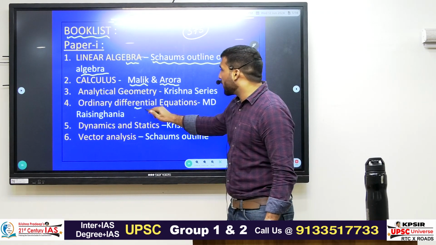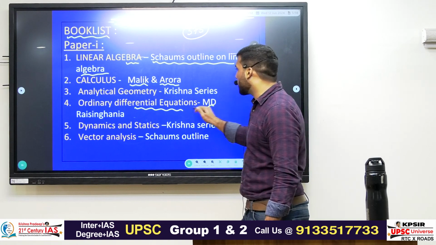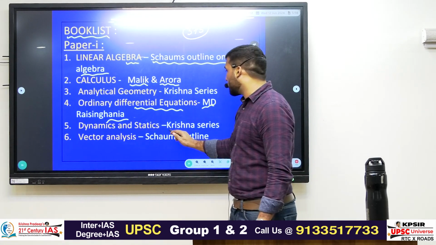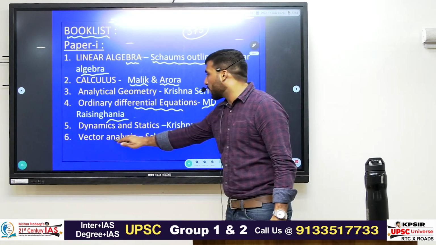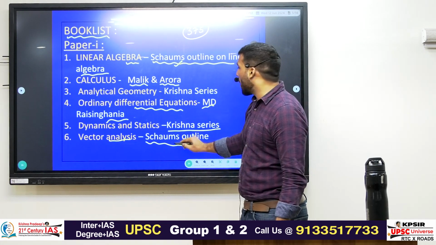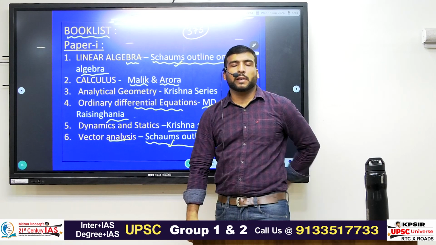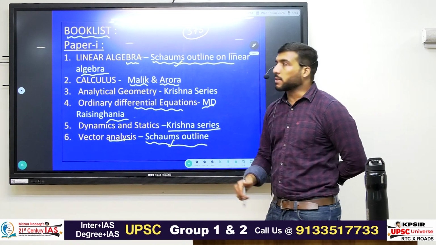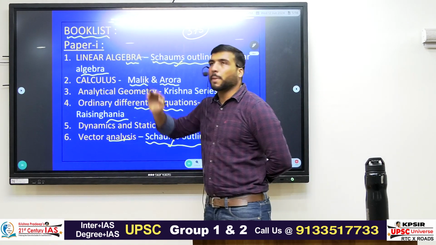Next, for ordinary differential equations, the M.D. Raisinghania book; for dynamics and statics, Krishna series; and for vector analysis, Schaum's outline. For modern algebra, linear algebra and vector analysis. This is related to paper 1.